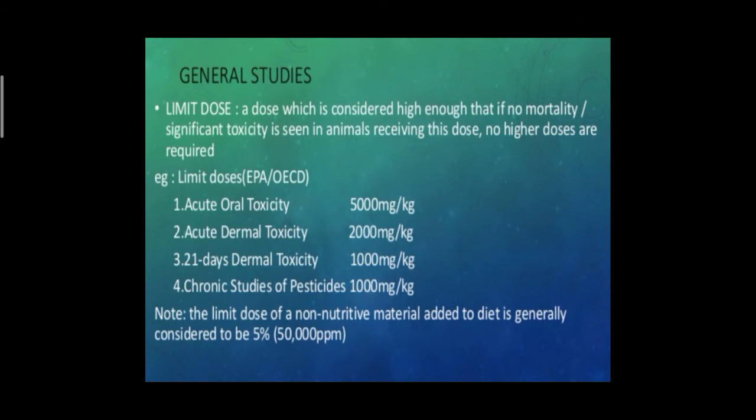For example, for acute oral toxicity studies, 5000 milligrams per kg body weight is the limit dose. For acute dermal toxicity, 2000 milligrams per kg body weight is the limit dose that we can use in the preclinical studies.